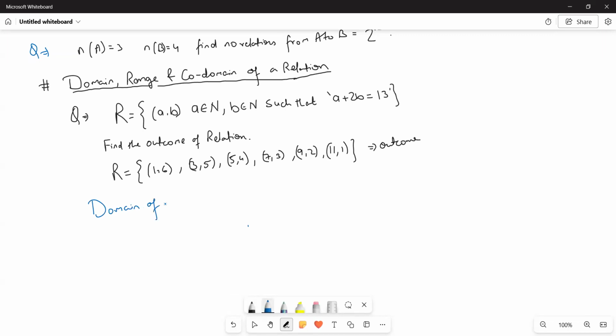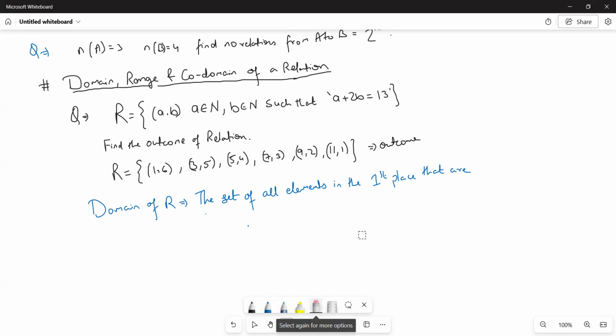Now, domain of R. So domain of R is defined as the set of all elements in the first place that are present in the pairs belonging to the outcome.